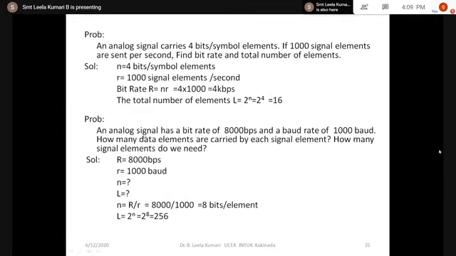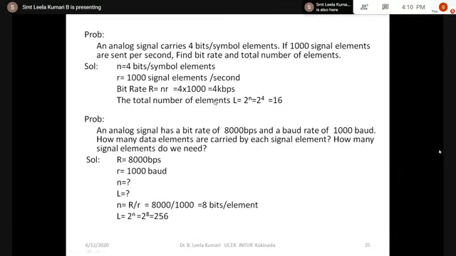The bit rate capital R is 8000 bps and the baud rate is 1000 baud. We need to calculate n, the number of data elements per signal element, and the total number of signal elements L.